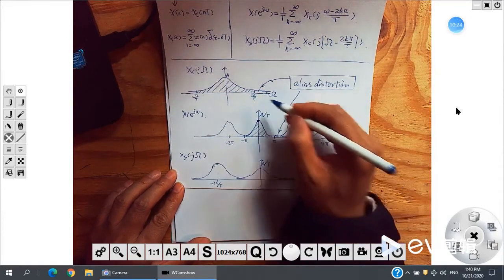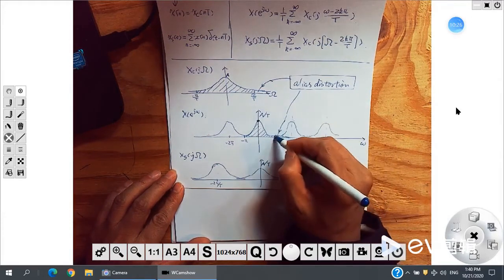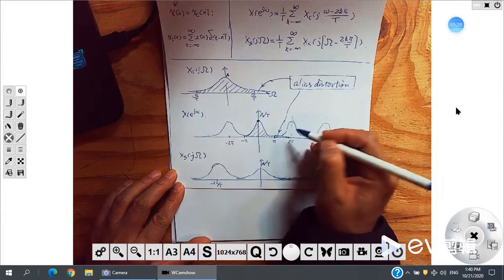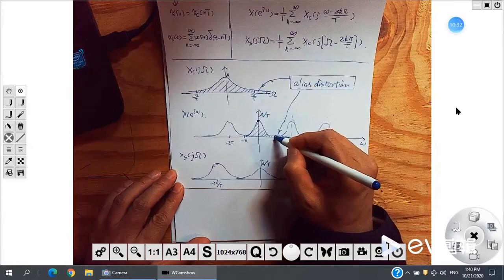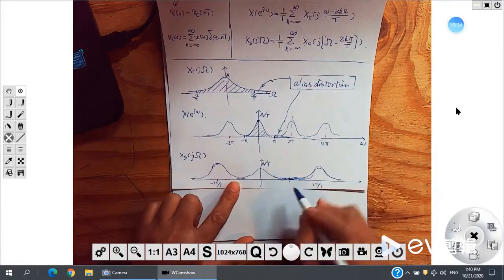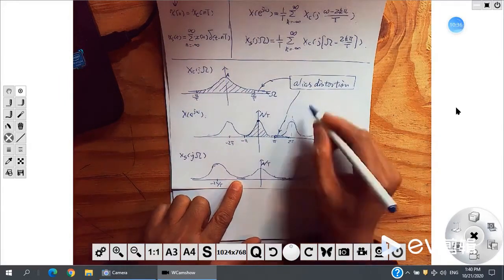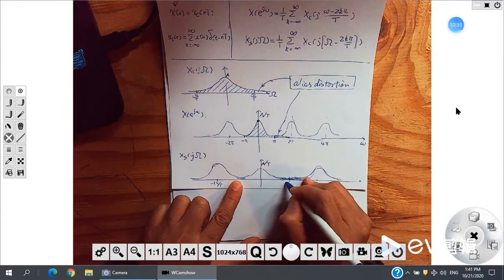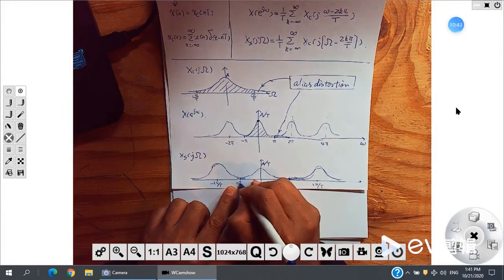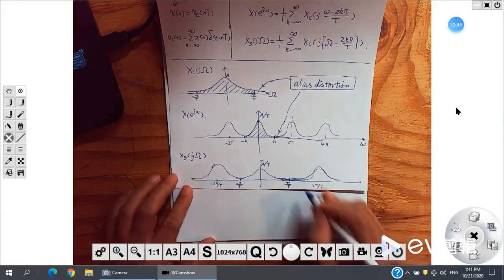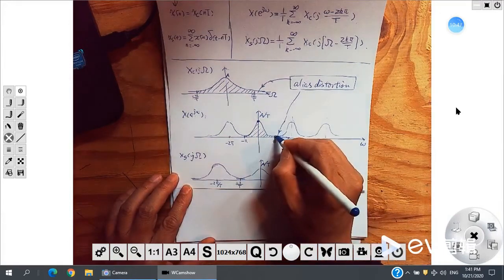So you need to choose a different T to make this part small. Like here, this point will go to here. Here we do not have any scale, so this is just pi over T. This point is just negative pi over T. So we want this part as small as possible.